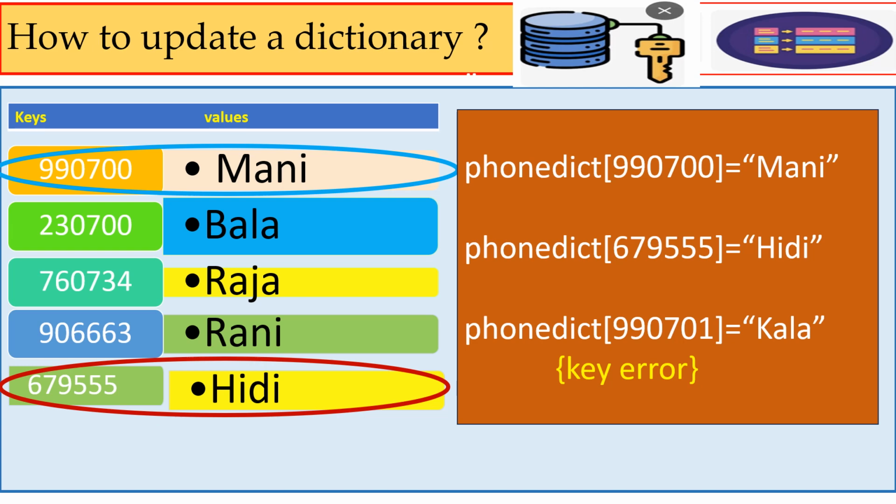We are going to change that mala to money, and we can do this by using this line. And the ID, since there is no such ID available, will be added as data, and as there is no such color available, it will give a key error.